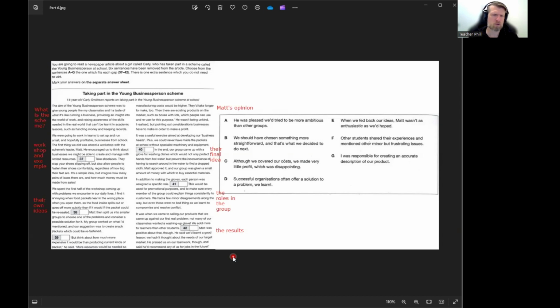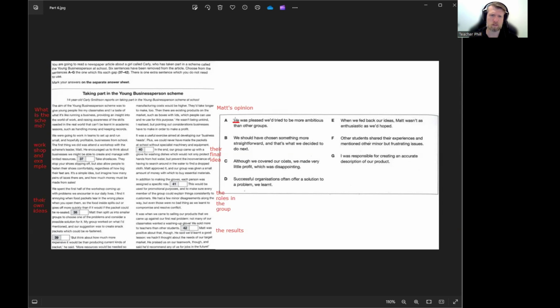From here, what we're trying to do is look at the sentences, which you can see on the right, and look for certain connections that we can make to the text. For example, the first sentence says: he was pleased. We tried to be more ambitious than other groups. With 'he', I guess we are looking at Matt, the only man they talk about.